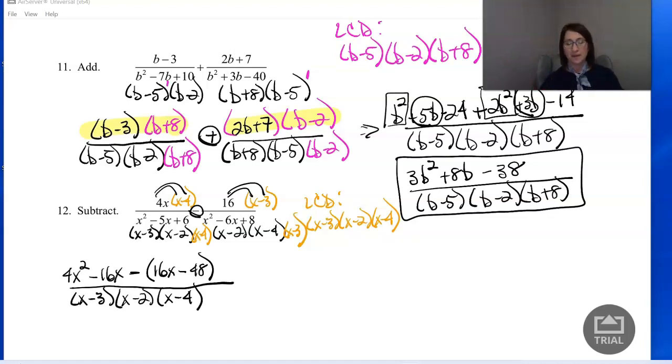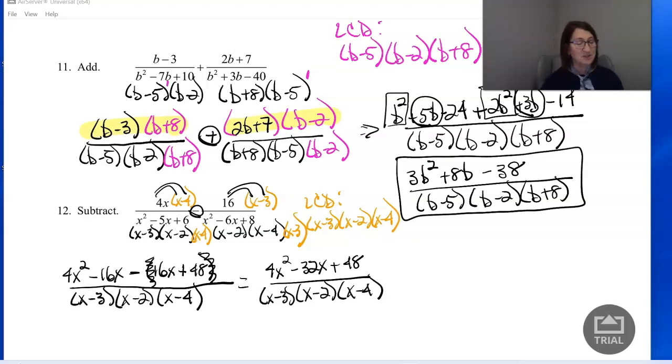So when I remove them, it becomes a minus 16x plus 48, like that. All right, so now I can go ahead and bring this together. So this is 4x squared minus 32x plus 48 over this common denominator.